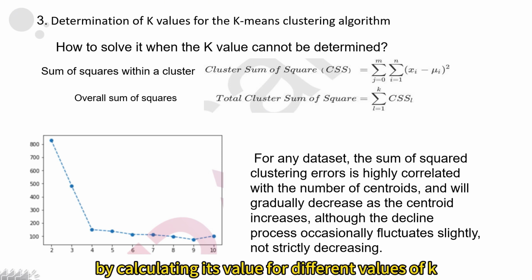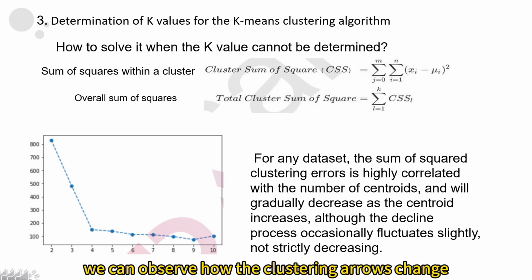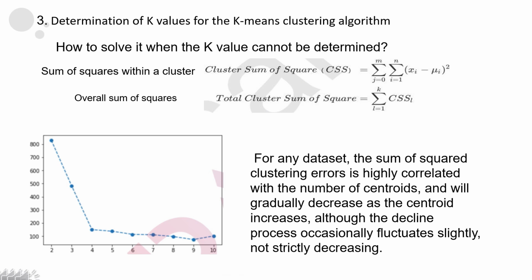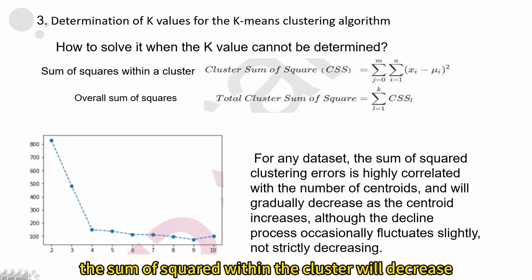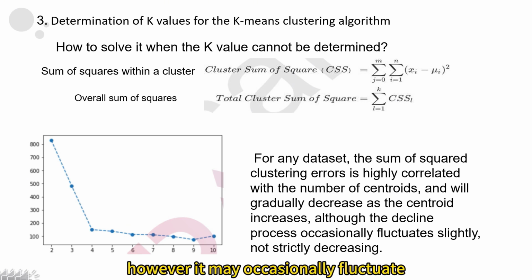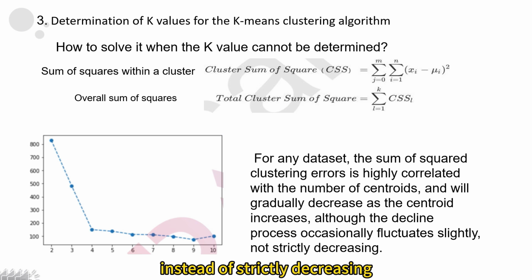By calculating its value for different values of k, we can observe how the clustering error changes. Generally, as k increases, the sum of squares within the cluster will decrease. However, it may occasionally fluctuate instead of strictly decreasing.